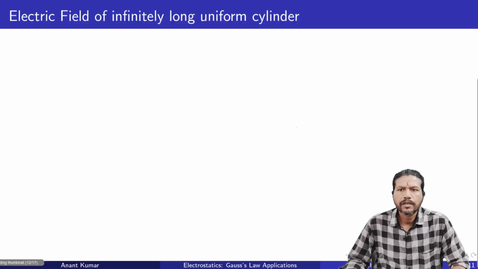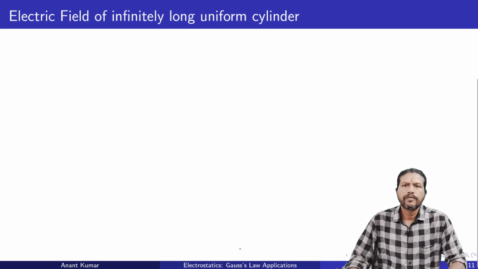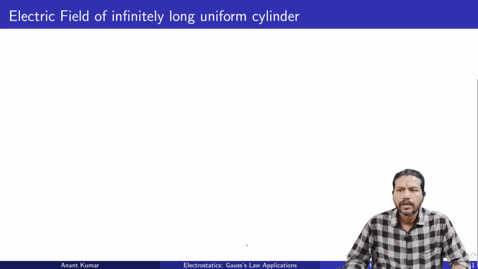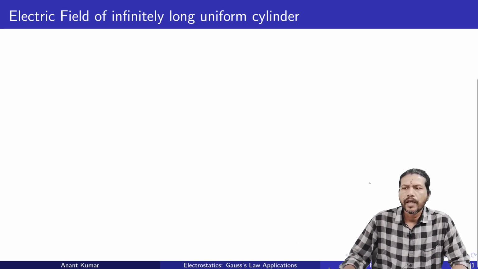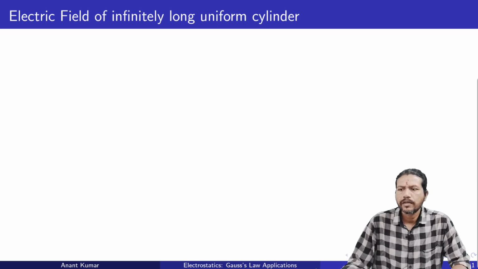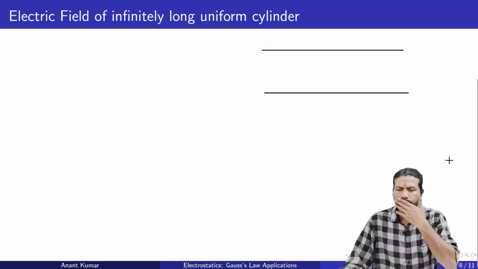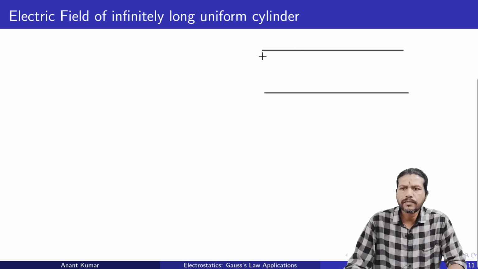Next we consider, well, let's take a uniform cylinder, which is kind of a generalization of the previous one. This time, however, the charge is filled entirely inside the cylinder.